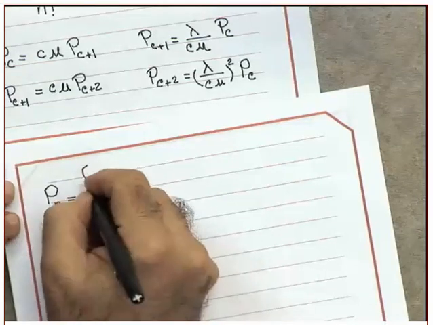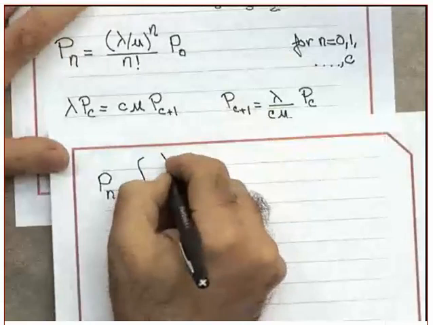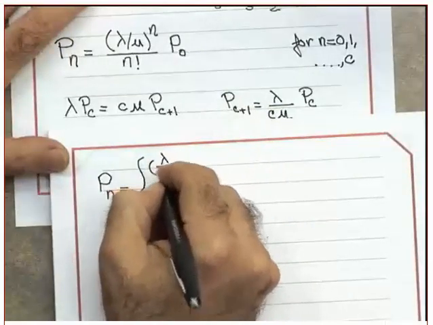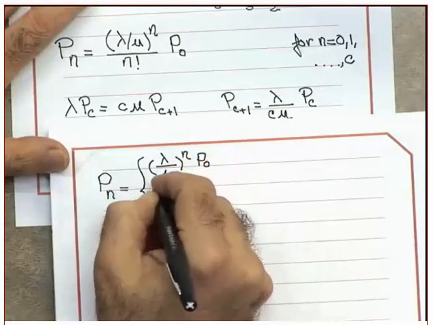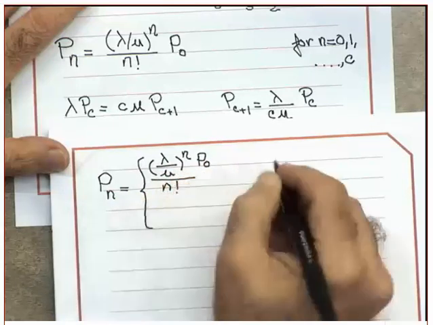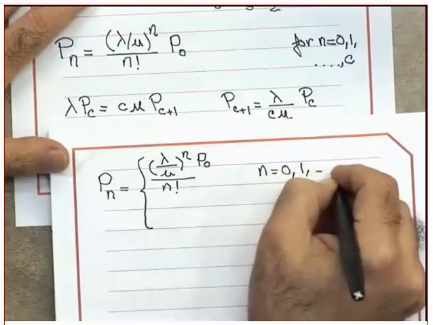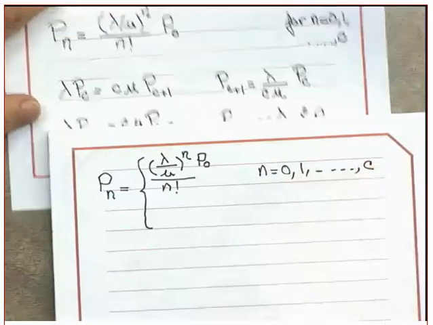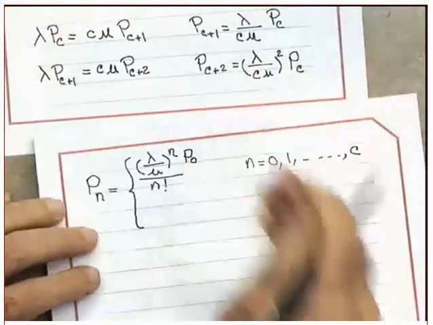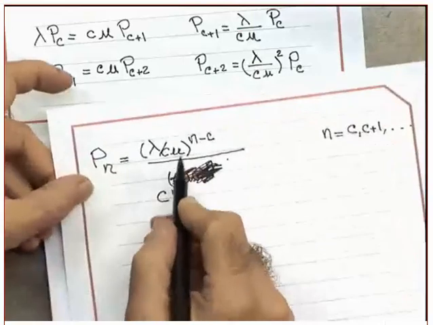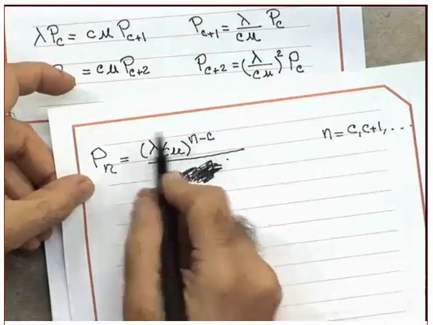Pn. Let's write it together. So what is the first one? Lambda over mu to the n times P naught over n factorial. This is for n equal to 0, 1, all the way to C. Now, what do I have here? I have lambda over C mu to the n minus C. Is this correct?